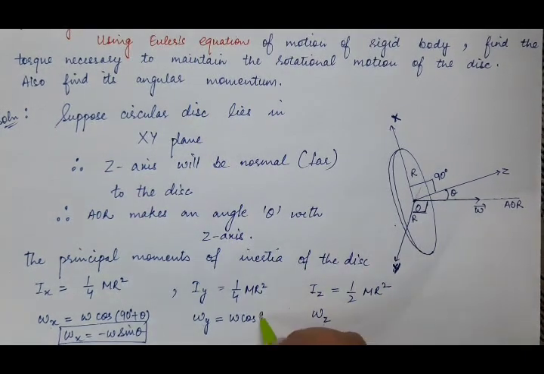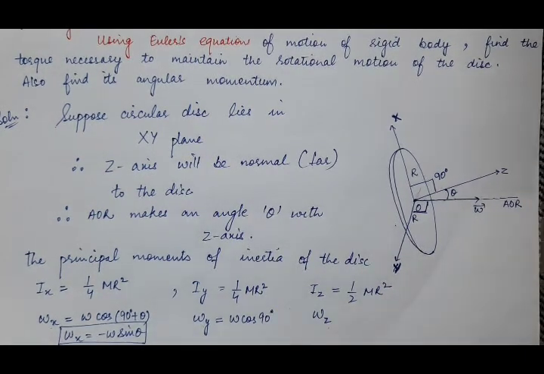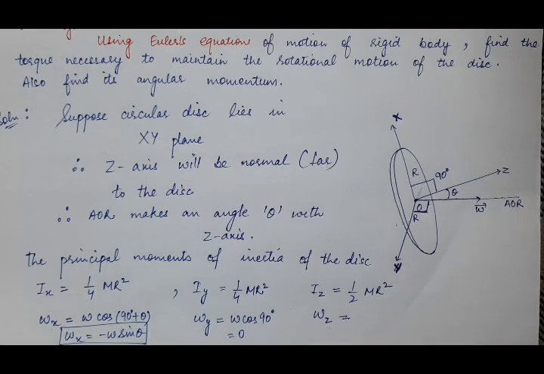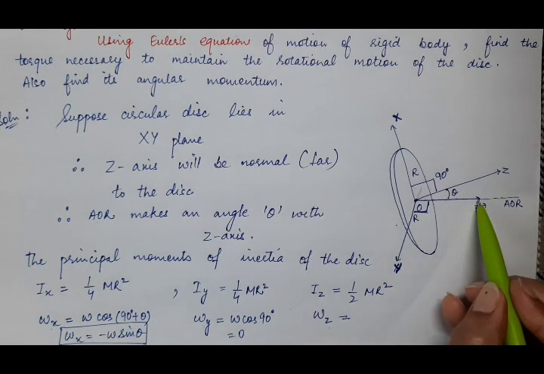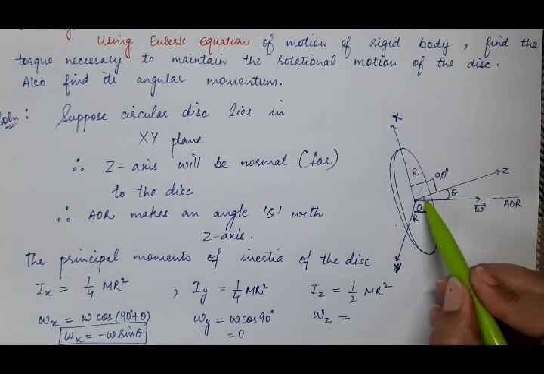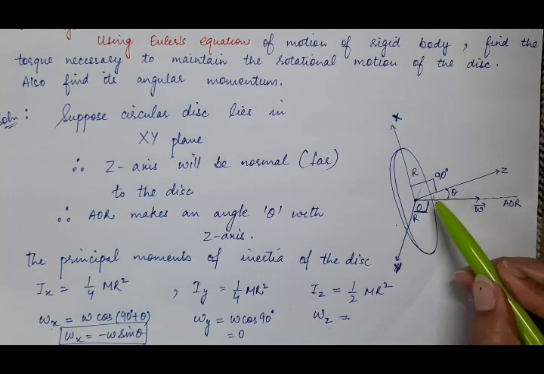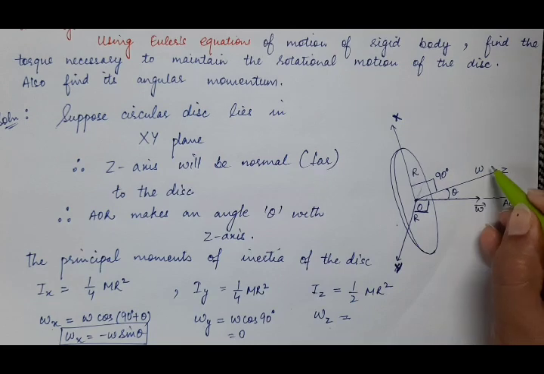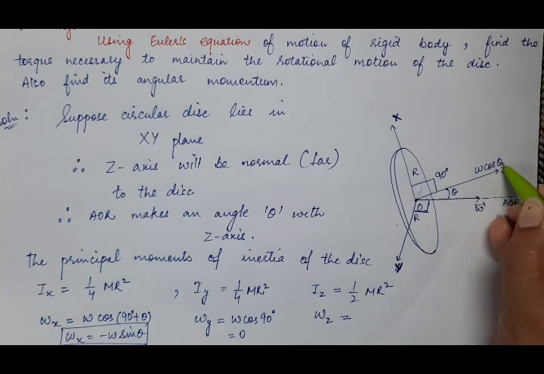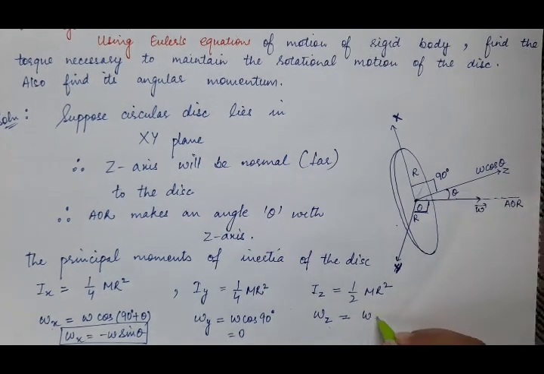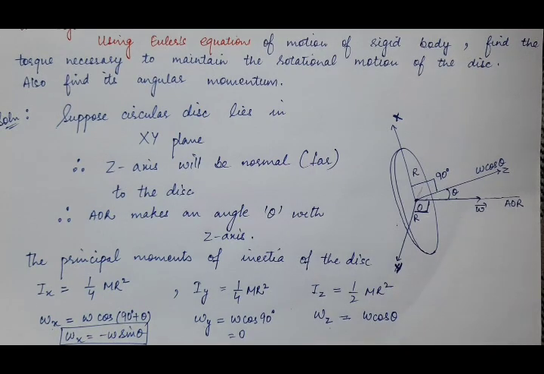So cos 90 will be 0. So omega y is 0. And what about omega z? It makes an angle theta with the z-axis. So the component of omega in the direction of z will be omega cos theta. So this is the z component.